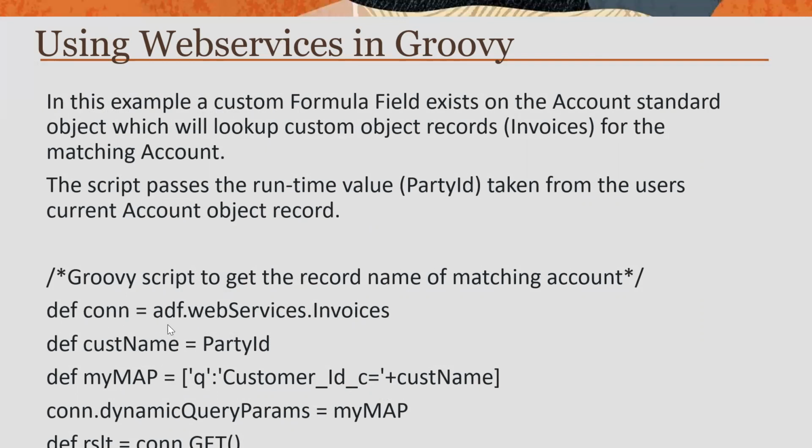We can manipulate the Sales Cloud application data as well as external application data. If you have access to the external application URL, we can also manipulate that data using these web services.